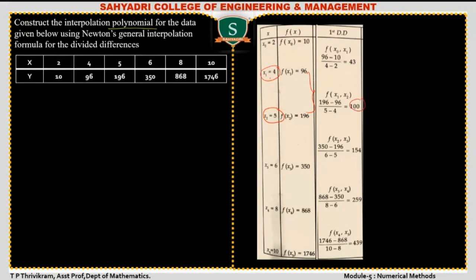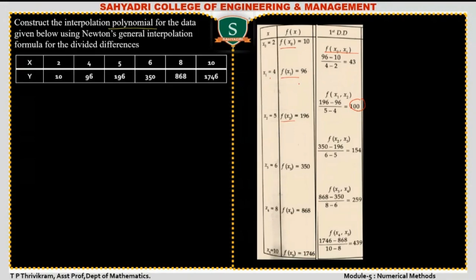The first difference is denoted f of x0 comma x1. The second one is f of x1 comma x2, because these are the values x0, x1, x2, x3, x4, x5, and here f of x0, f of x1, f of x2.